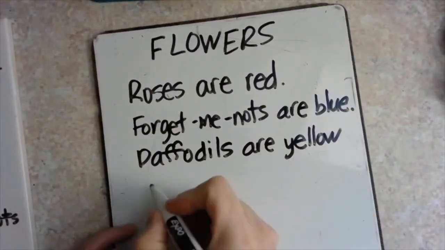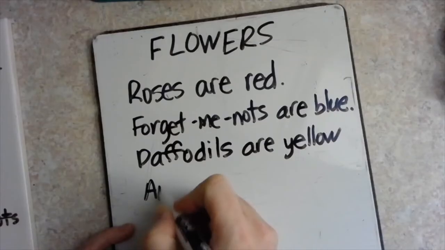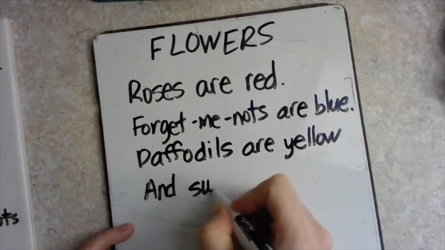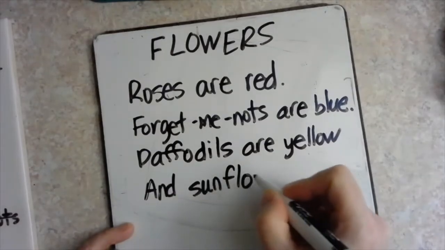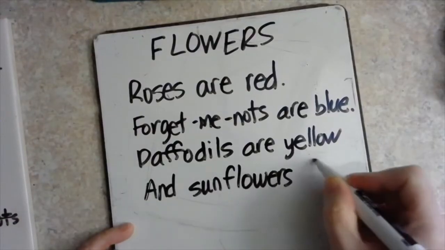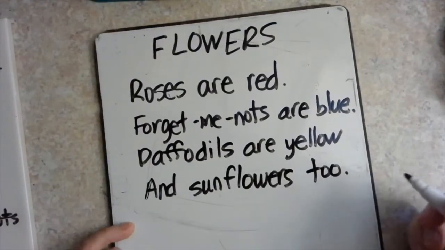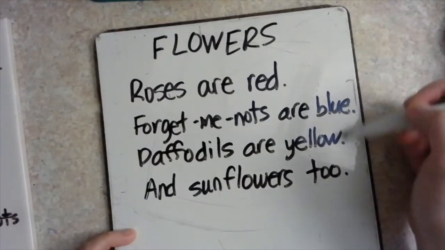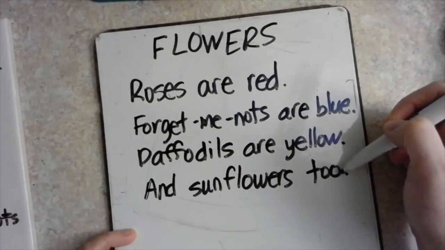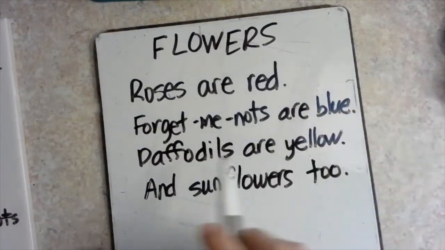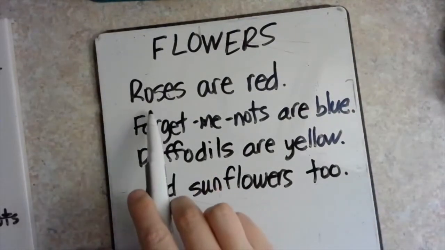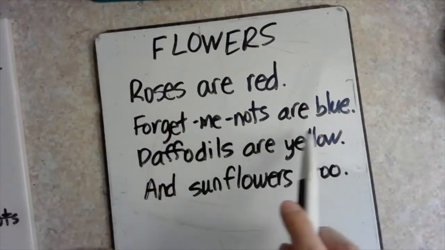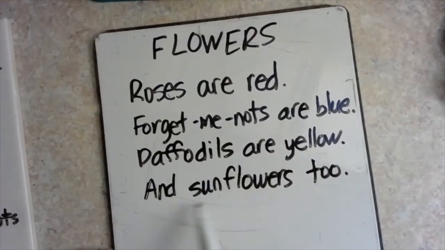Daffodils are yellow, and sunflowers too. Ooh. Okay, so blue and too rhyme. That's great. Red and yellow don't, but that's fine. So far I have: Flowers. Roses are red, forget-me-nots are blue, daffodils are yellow, and sunflowers too.